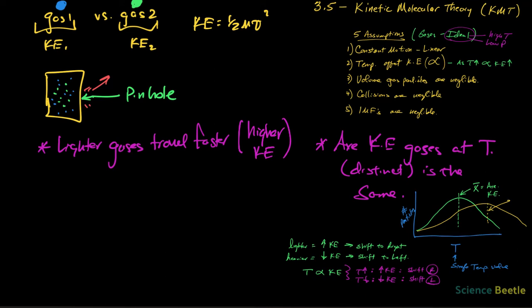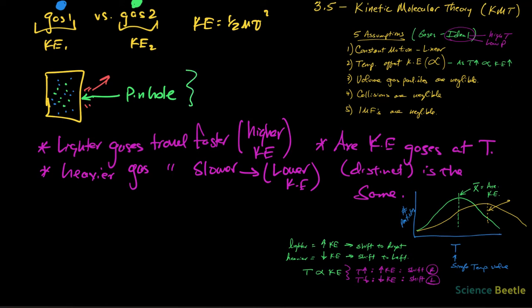In contrast, a heavier gas is going to travel slower, and by extension, it's going to have a lower kinetic energy overall. That's important because escaping from a container through a pinhole is known as effusion.